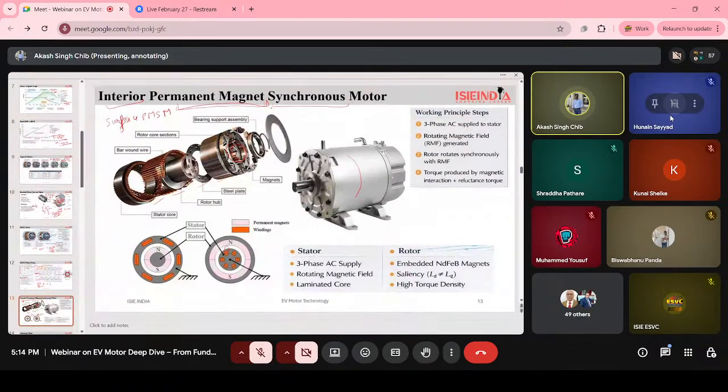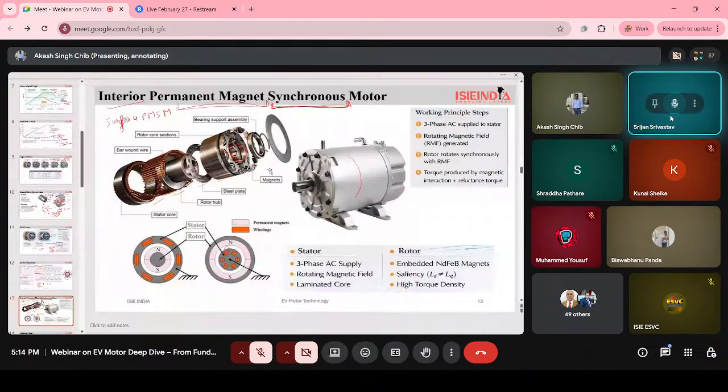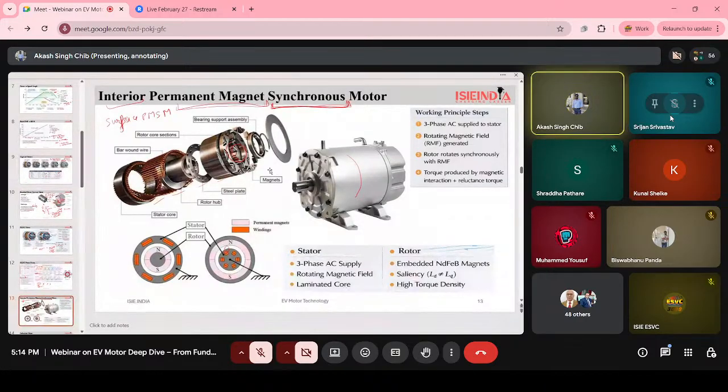And can anyone tell me about synchronous? What does synchronous mean? Same speed as the rotating magnetic field. Yes, synchronous means same speed. It means the rotating part rotates at the same speed as the rotating magnetic field generated by the copper windings in the stator part.